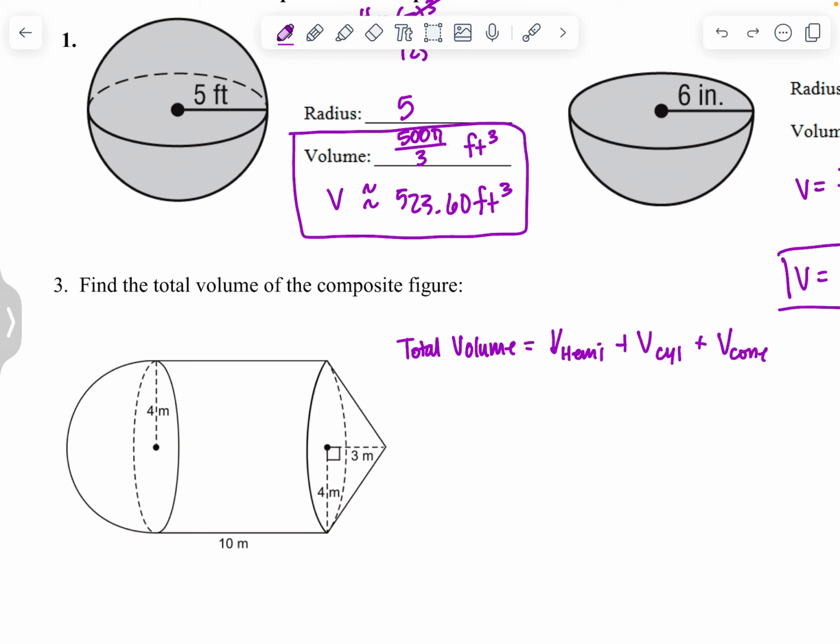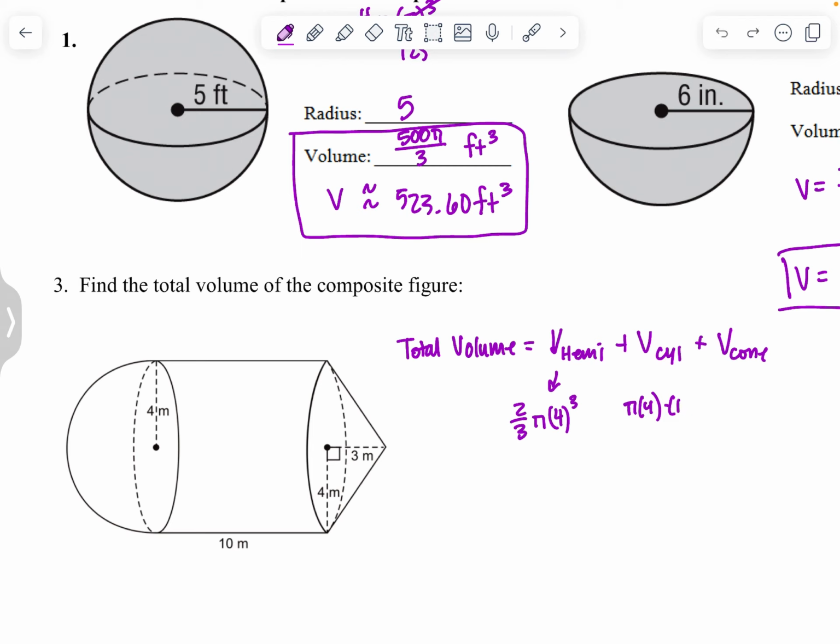So volume of a hemisphere, we know, is going to be equal to 2/3 pi times 4, for the radius, cubed. We know volume of a cylinder is equal to the area of the base, pi r squared. So this is pi times 4, because that 4 transfers over, and then the height of this is 10, or the altitude is 10.